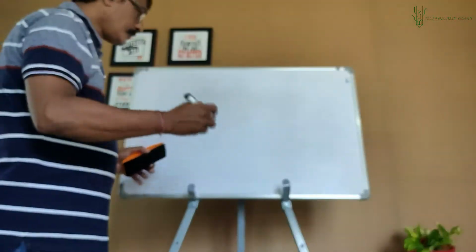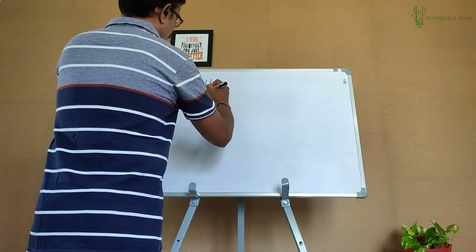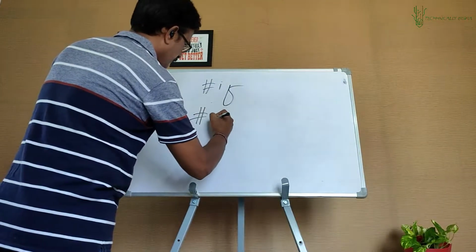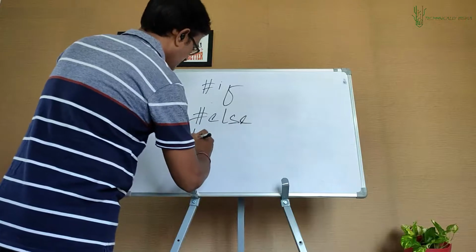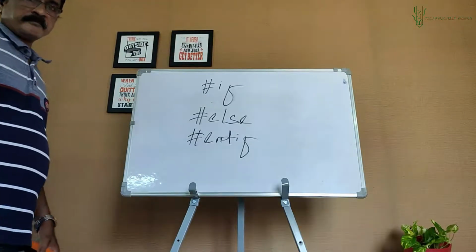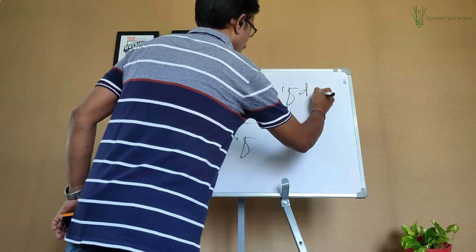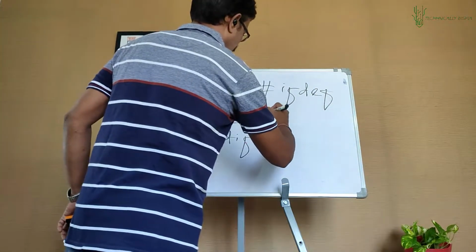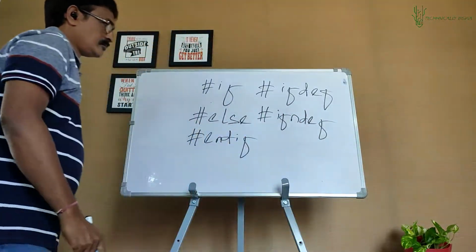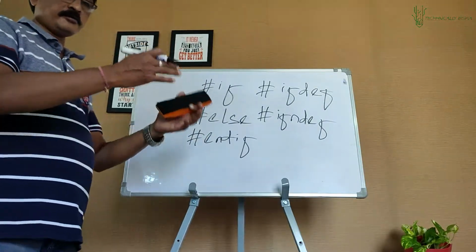Now for conditional compilation, the constructs that we use are #if, #else, and #endif. Got it? #ifdef to check whether something is defined or not. #ifndef to check if it is not defined, that way the negative way.